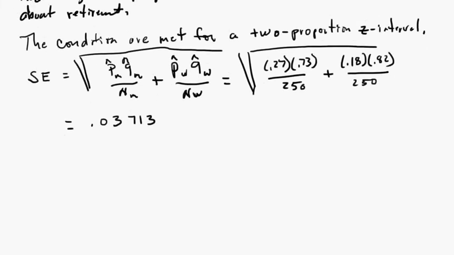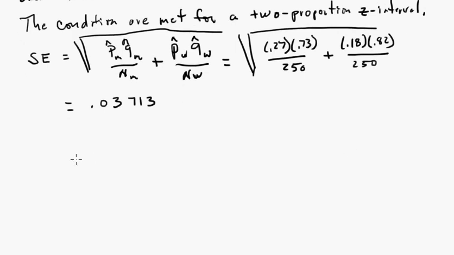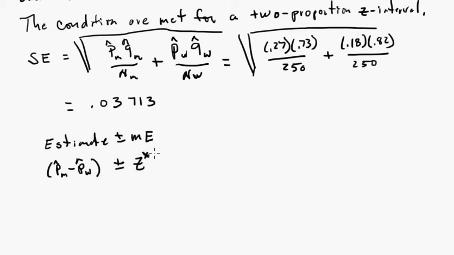Okay, so let's think about our confidence interval for a minute. That's going to be an estimate plus or minus a margin of error. So the estimate is p hat m minus p hat w, the observed value, plus or minus z star times the standard error of p hat m minus p hat w.